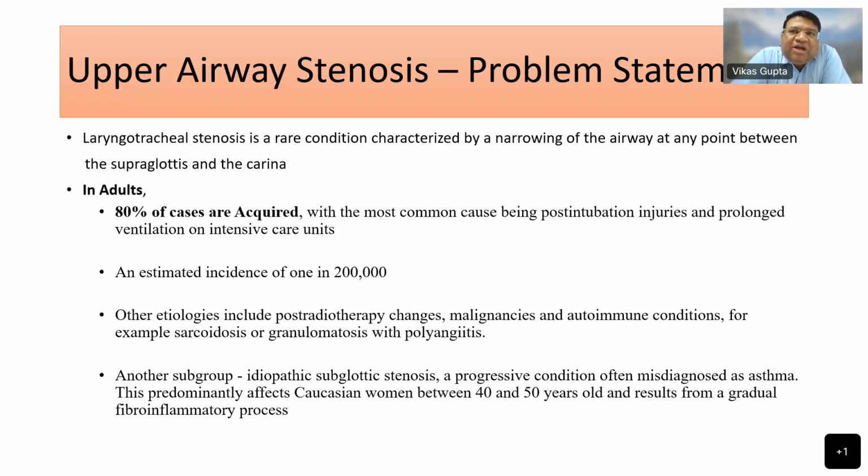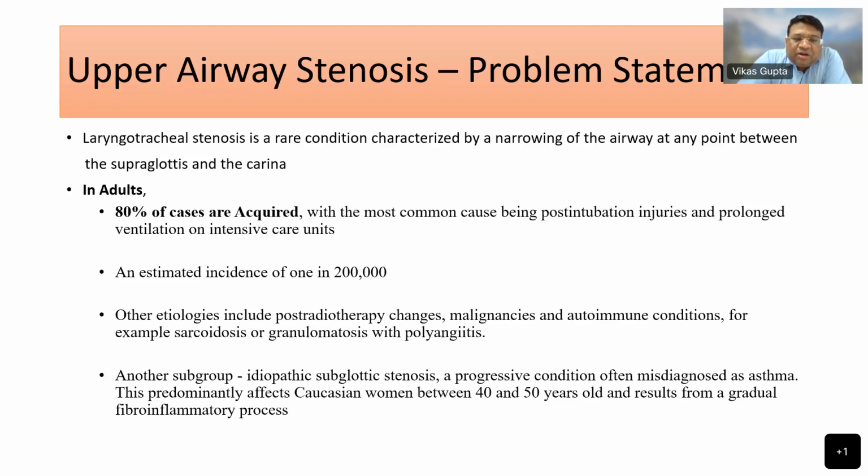A few studies have quoted that almost 95% of their cases were acquired stenosis. And in day-to-day practice, it is also very common to see acquired stenosis rather than congenital or idiopathic stenosis.